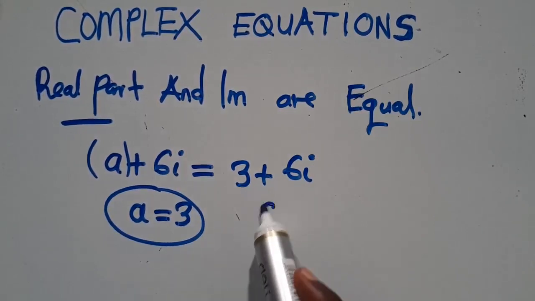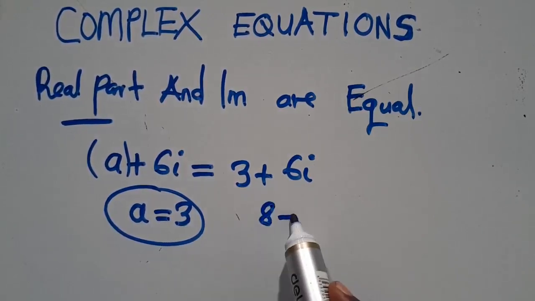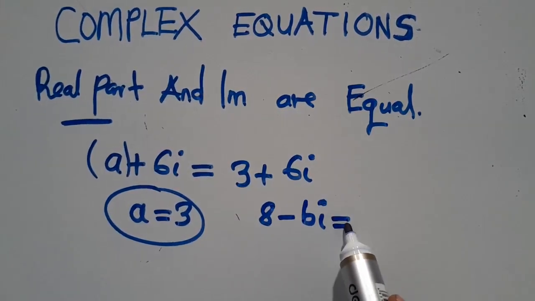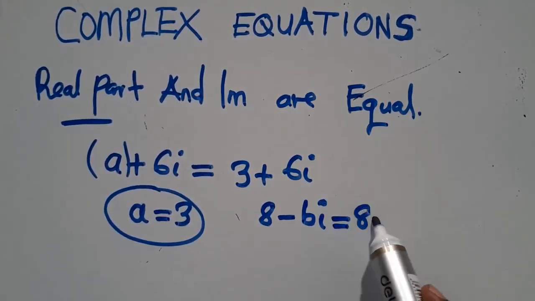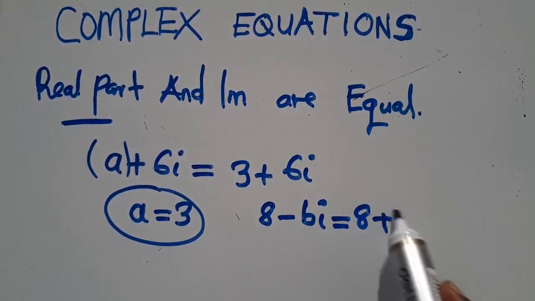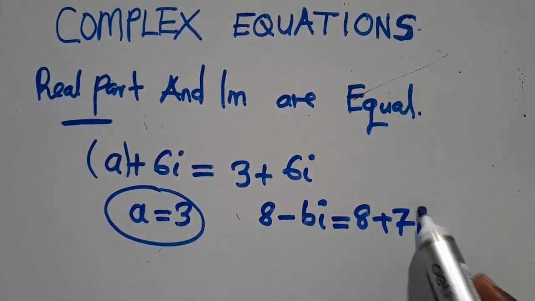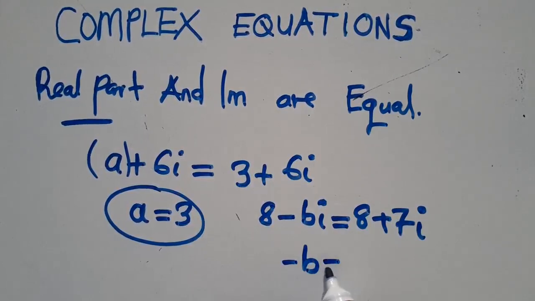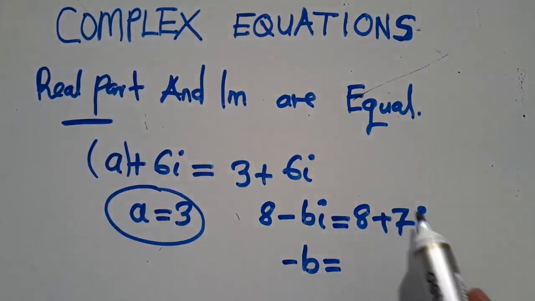And if you have something like 8 minus bi is equal to 8 plus 7i, what is the value of b? So here negative b, which is the imaginary part, is equal to the imaginary part on this side.